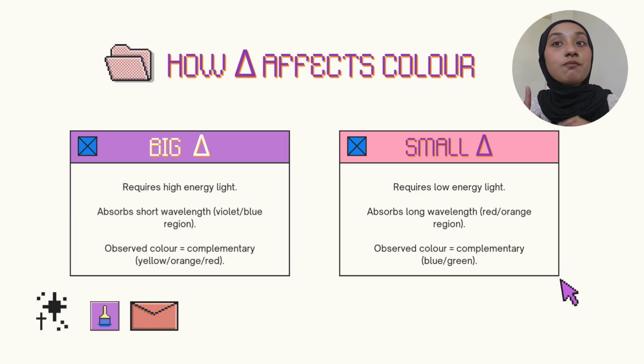The color that we observe is the complementary color, which is typically yellow, orange, or red. On the other hand, when delta is small, less energy is needed for the electron transition. In this case, the complex absorbs low energy light with a longer wavelength, usually in the red or orange region, and the observed color is the complementary color such as blue or green.